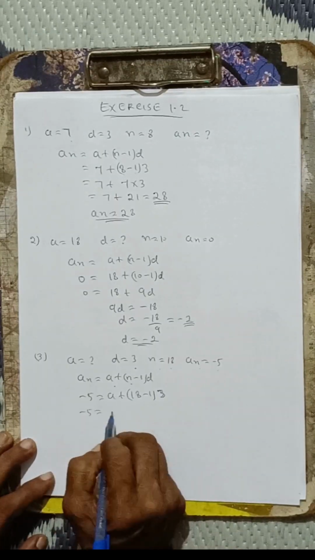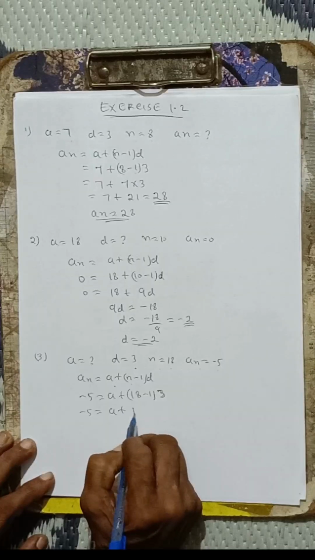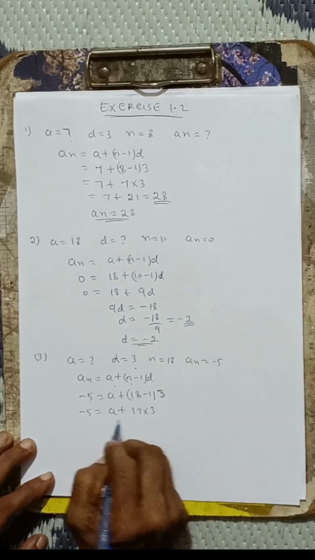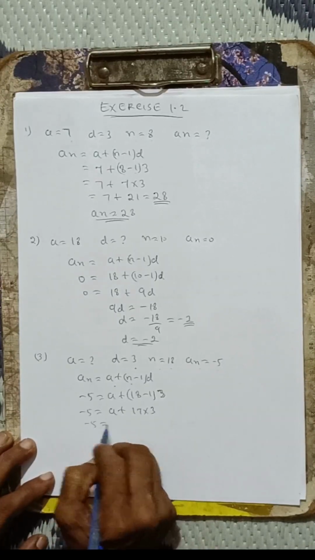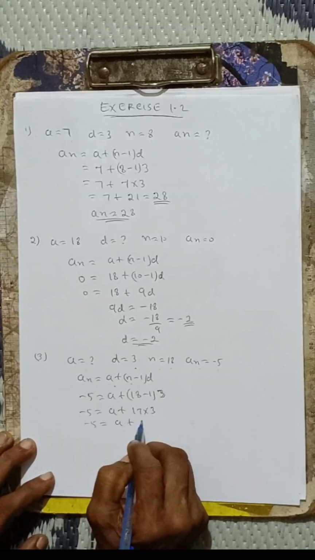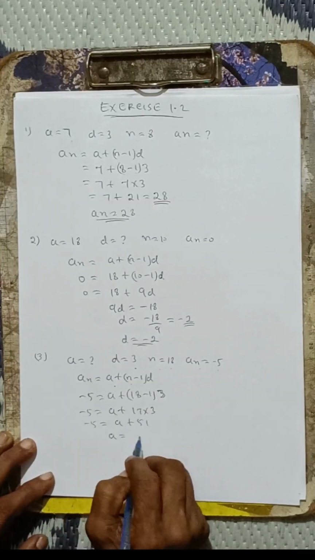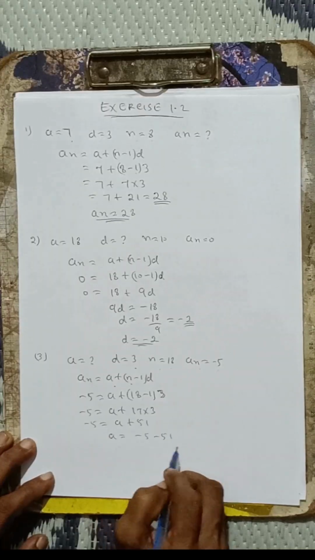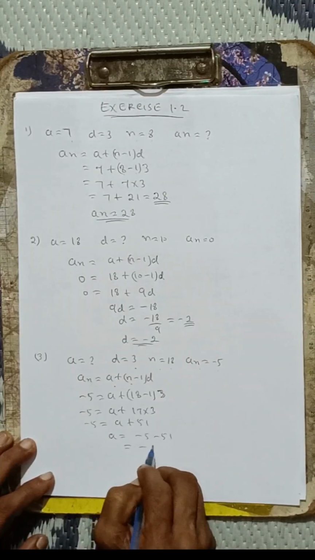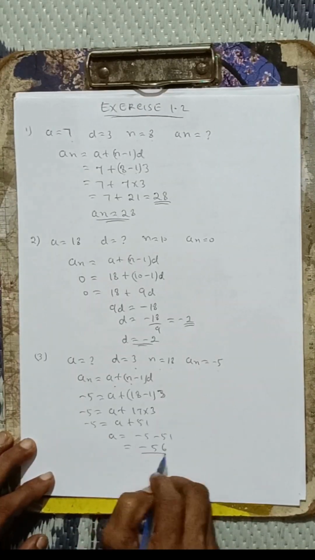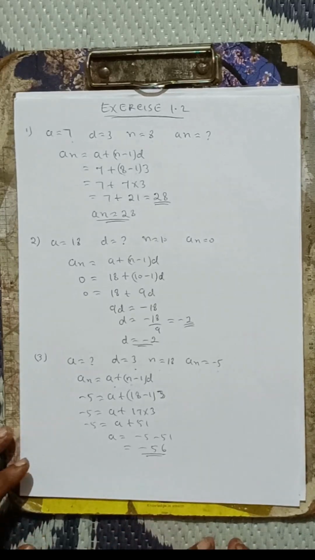Minus 5 equal to a plus (18 minus 1), 17 into 3. Minus 5 equal to a plus 17 threes are 51. So a equal to minus 5 minus 51 equal to minus 56. The a value is minus 56.